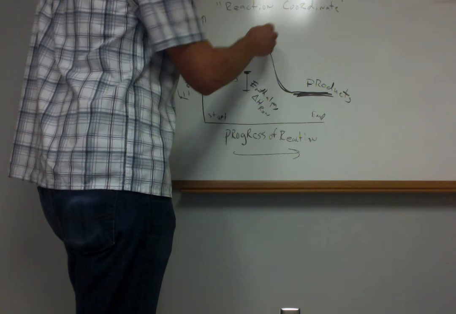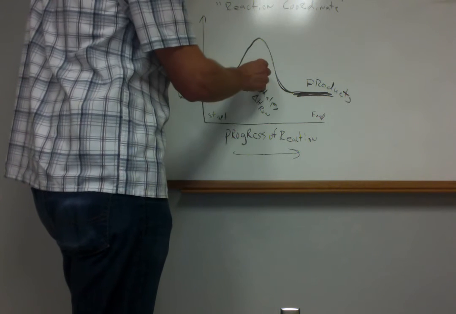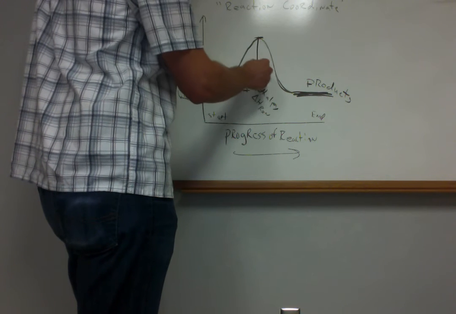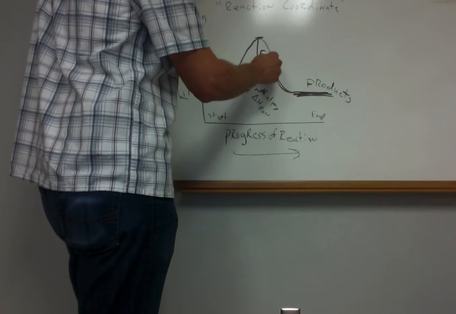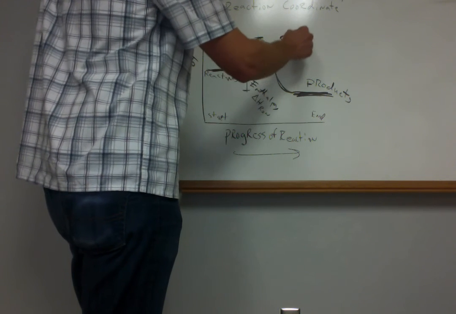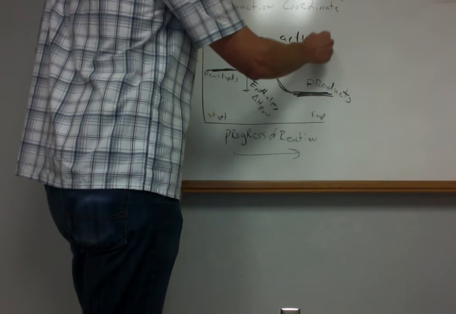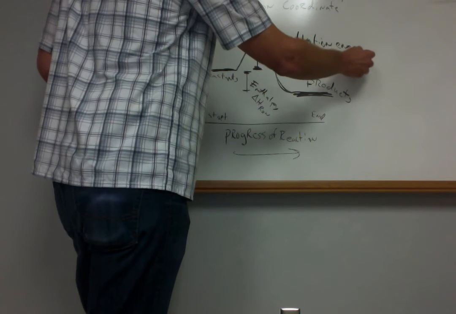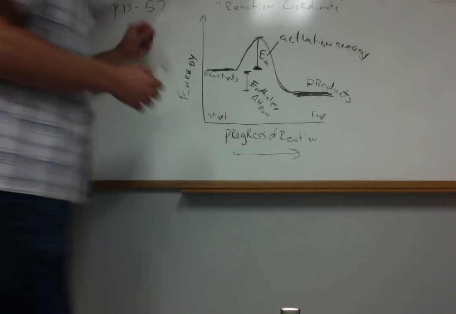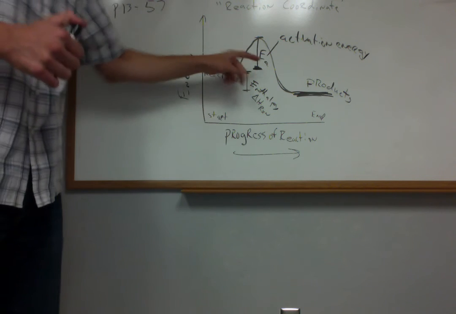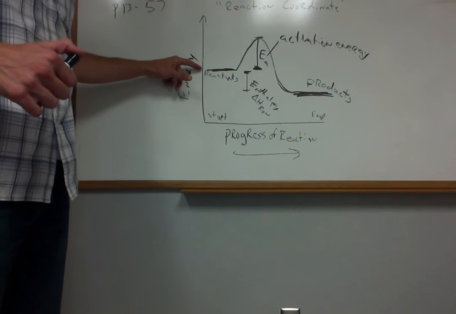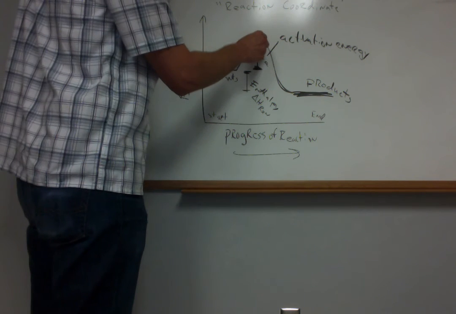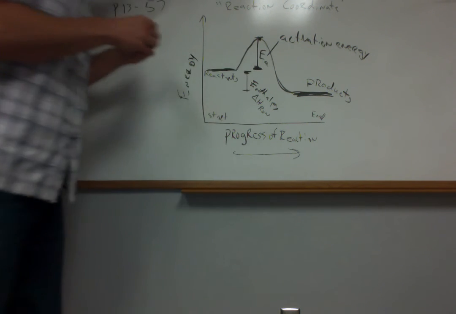That is very important because the magnitude of that hump is E sub A, or our activation energy. That's our activation energy, given the abbreviation EA. It's from our starting materials right to the top of our hump here.